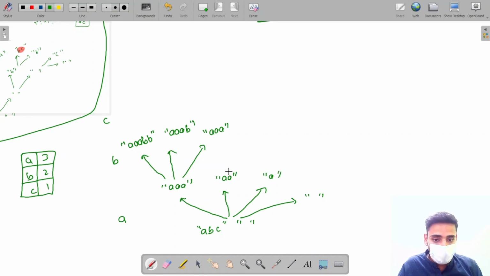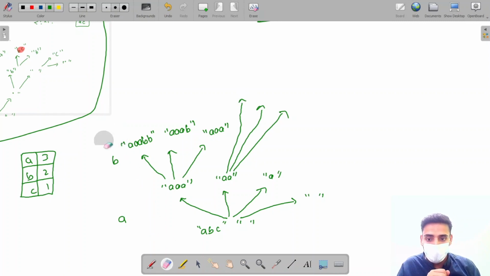Now let's talk about this. Here also we have 3 options, as we have discussed here. So the 3 options will be, first of all, our C level will be above. Let me write it here. Okay, so for here, if B comes 2 times, it would be A and B, right?